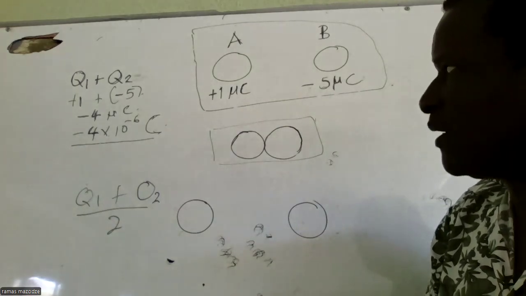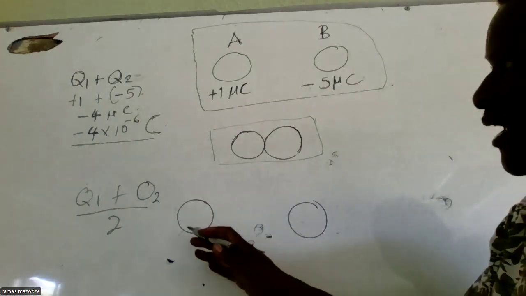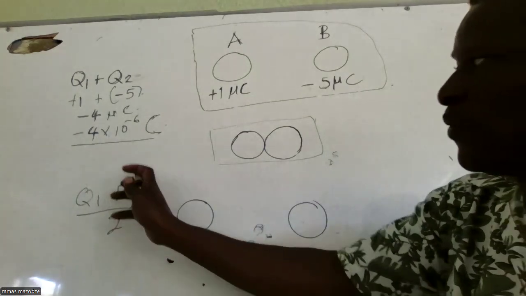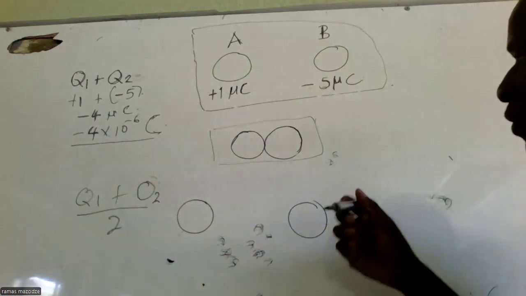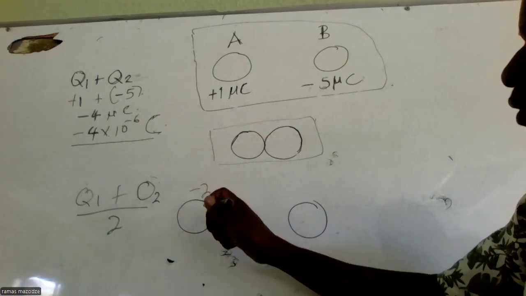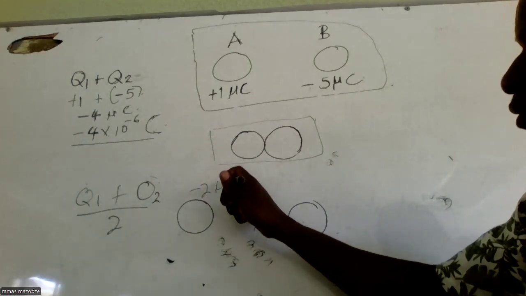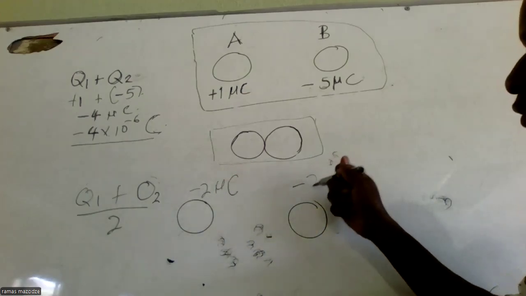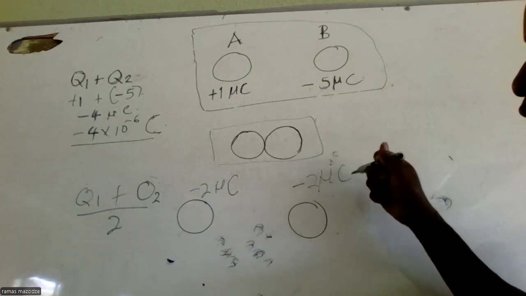That will give us, each one will be negative 2. Remember, minus 4 divided by 2 will be negative 2. This one will be negative 2 microcoulombs, and this one will be negative 2 microcoulombs.